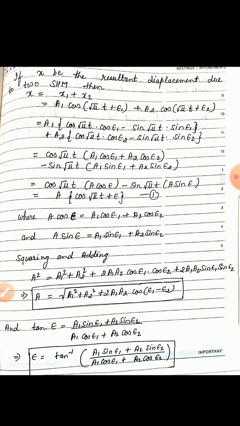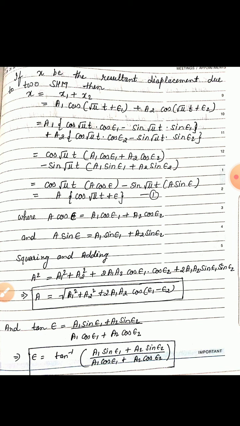Using the formula cos(A + B) is equal to cos A cos B minus sin A sin B, we can write A1 [cos √μ t cos ε1 minus sin √μ t sin ε1] plus A2 [cos √μ t cos ε2 minus sin √μ t sin ε2].